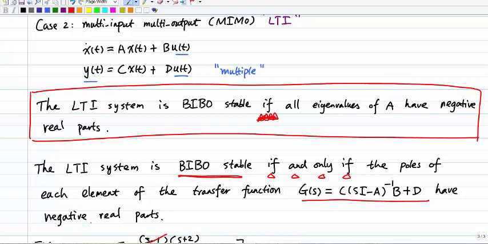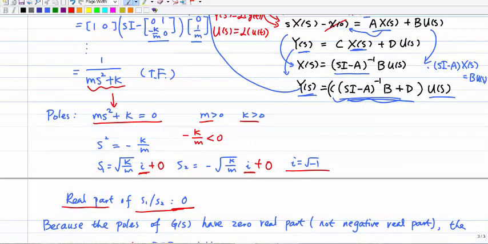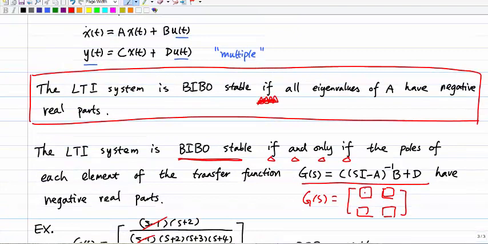Because we have a multiple-input and multiple-output system, G(s) typically is not just one number. It could have multiple components. Each one of these entries, for example, is something like what we compute over here. So each one is N(s) divided by D(s), a numerator divided by some denominator.